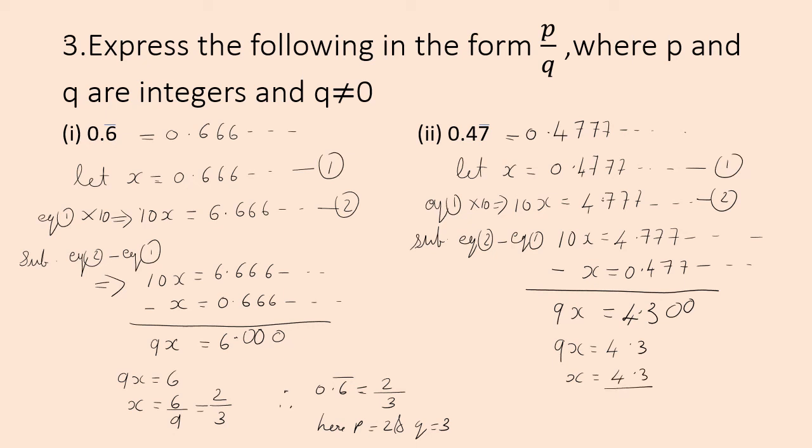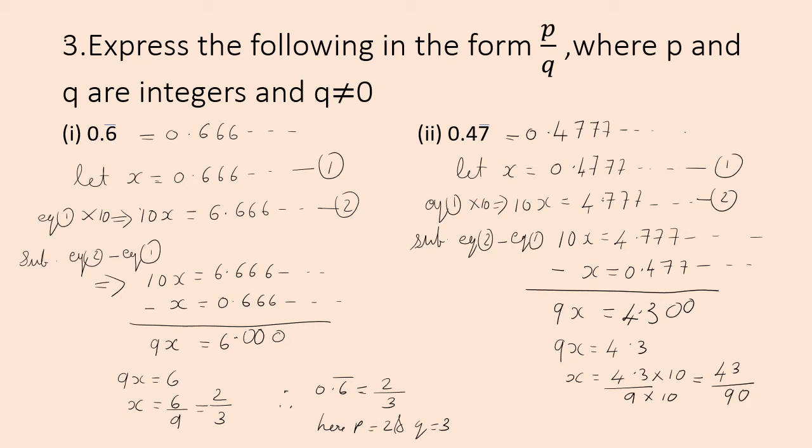4.3 upon 9. Since in P by Q form, P and Q are integers, and 4.3 is not an integer, since it has one decimal place, you have to multiply the numerator and denominator by 10. So you will get 43 upon 90.